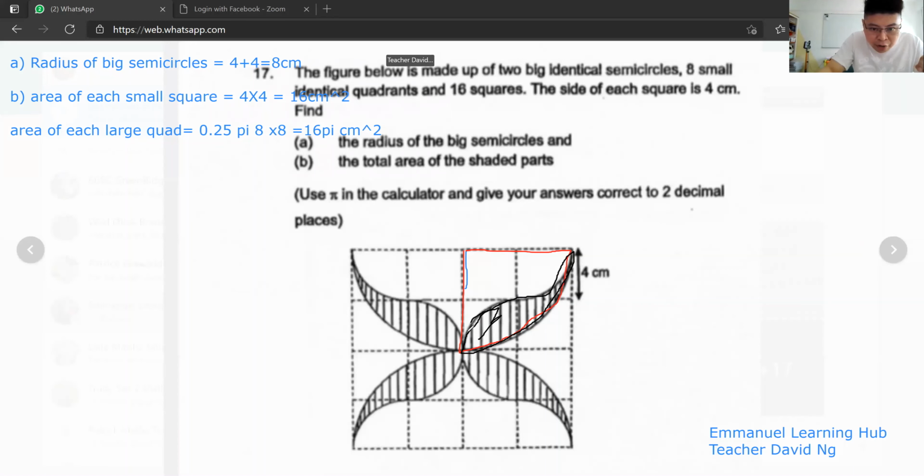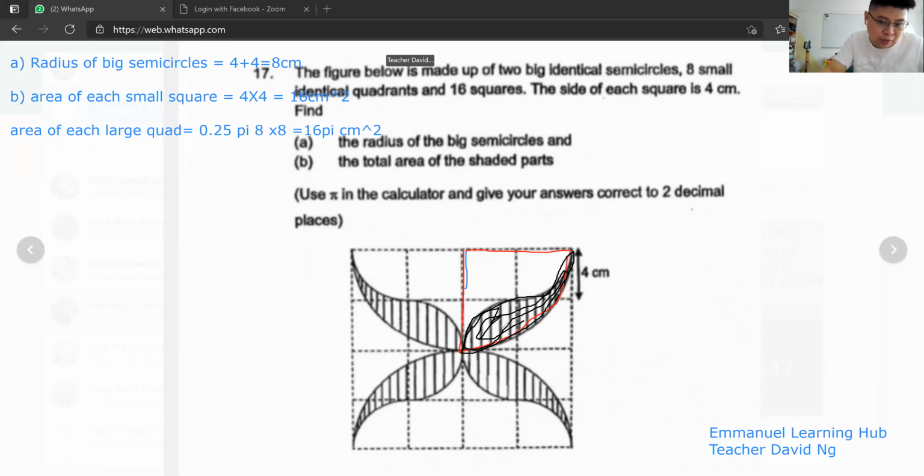You want to find this area. Why are you finding one of it? Because if you can find one of it, you can find the total shaded area already. The total shaded area is just 4 times of this. So you find one part, you multiply by 4.